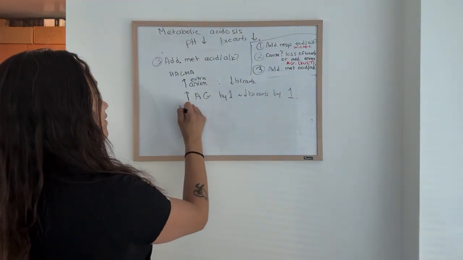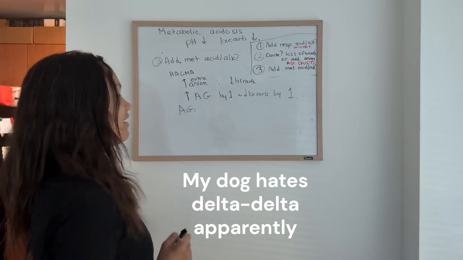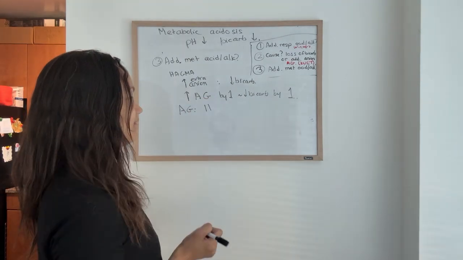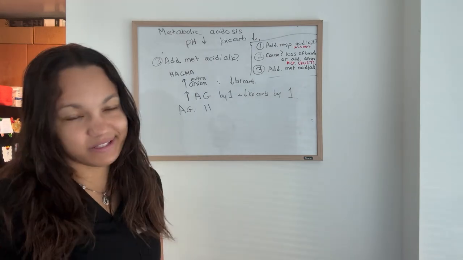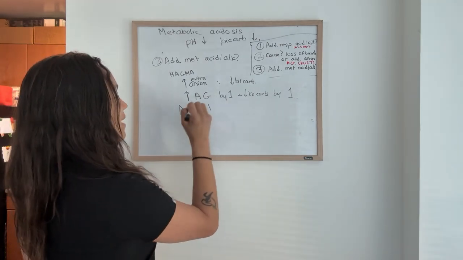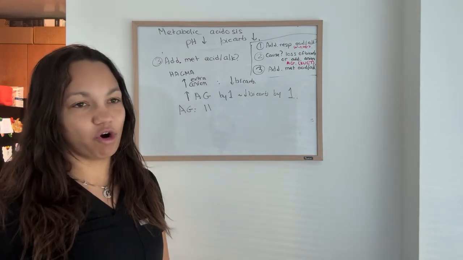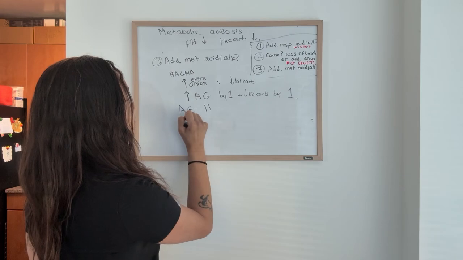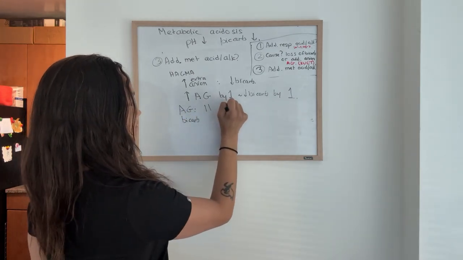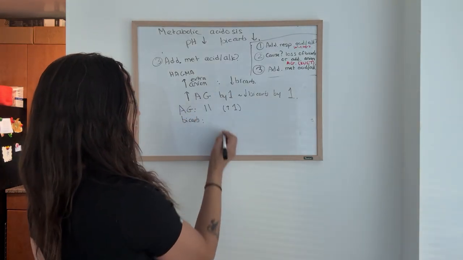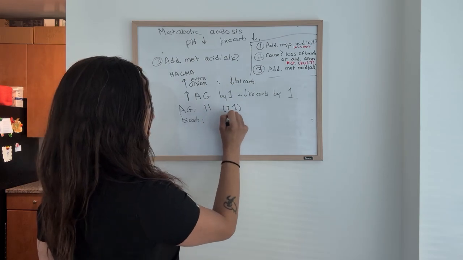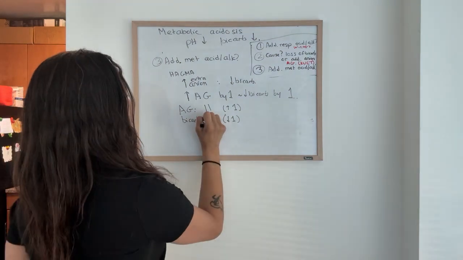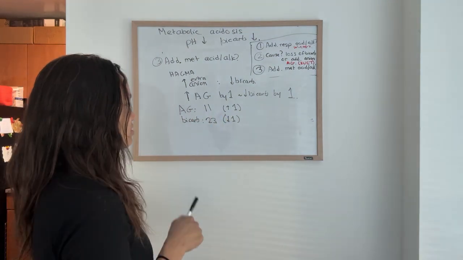So, if my anion gap, for example, was 11, saying a normal anion gap is 10, so my anion gap went up by 1 from normal, so I expect my bicarb to go down by 1 from normal. So my bicarb would go down by 1. So normal bicarb being about 24, I expect my bicarb in this situation to be 23.